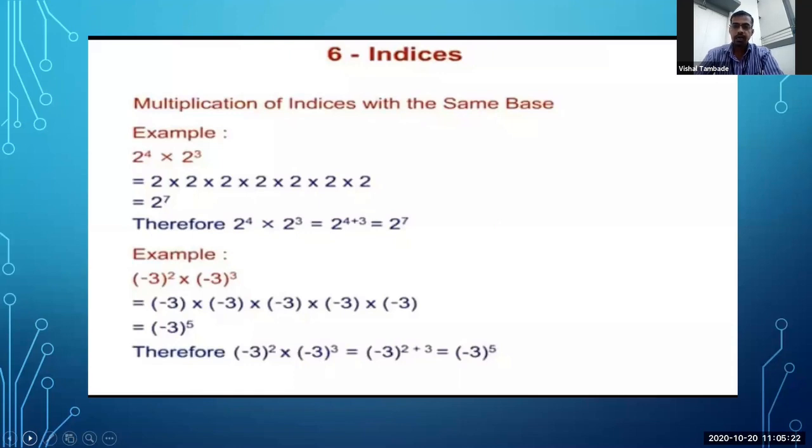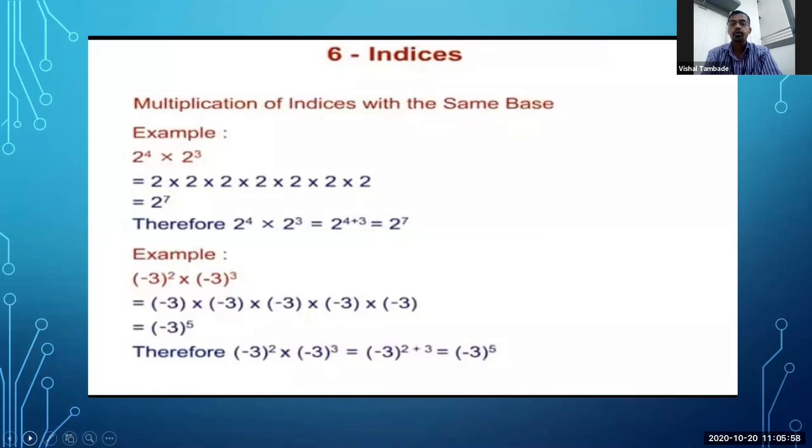One thing you can observe here: look at the power. Here the power is 4 and in the second one the power is 3. Add the powers, 4 plus 3. What is your answer? Your answer is 7. Firstly, write in the multiplication form, then find how many times it occurs and write that total as the power.